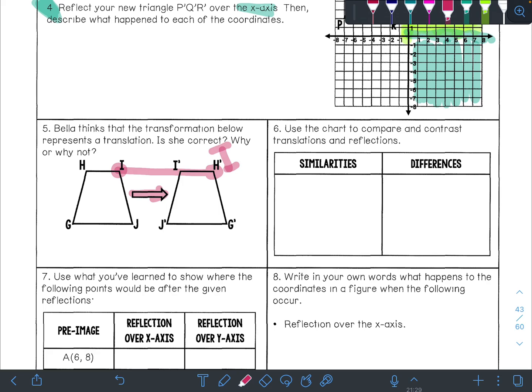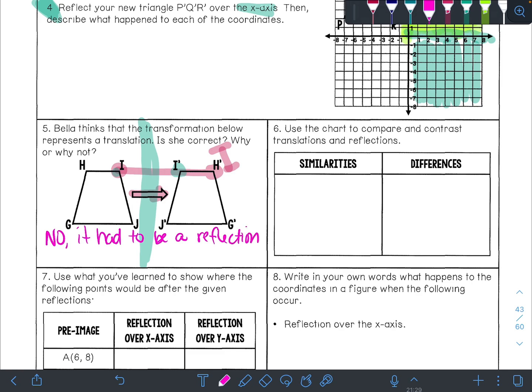So notice how that actually isn't a translation. What really happened is here was their line of reflection, and it picked up that eye and just flipped it over right there. So really in this situation, there's no way that this was a translation. So no, it had to be a reflection.